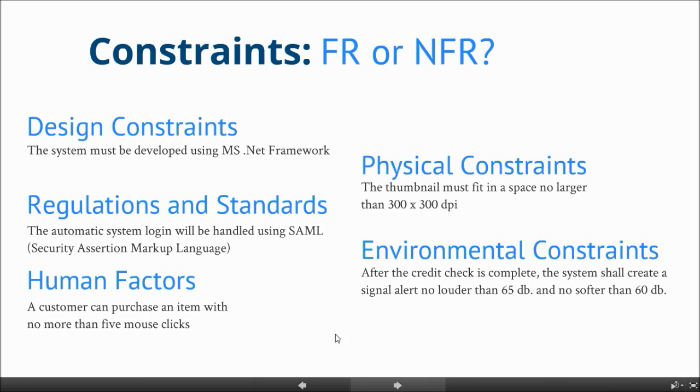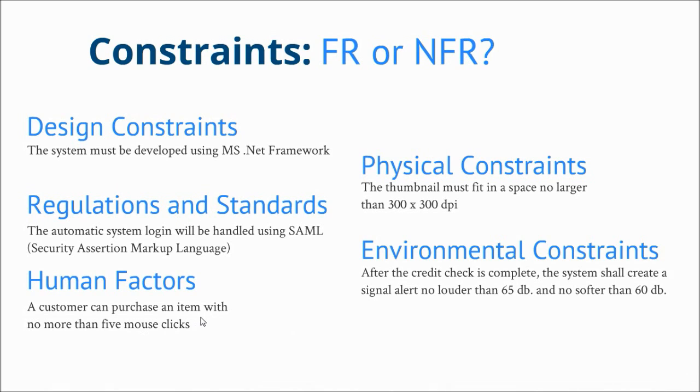Human factors. A customer can purchase an item with no more than 5 mouse clicks. Again, this comes from a real-life system that I worked with, related to the same system with the environmental constraints, where we actually counted mouse clicks. The original system and processes were bringing 3 systems together, and we went through and counted the mouse clicks across the multiple systems to activate a phone for a customer.